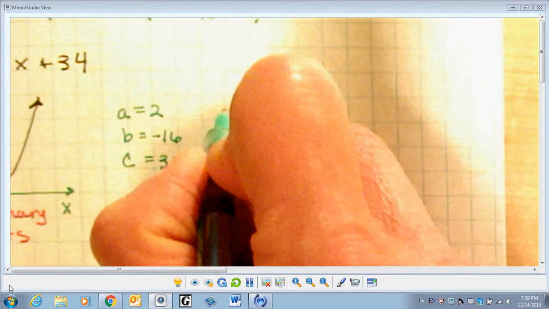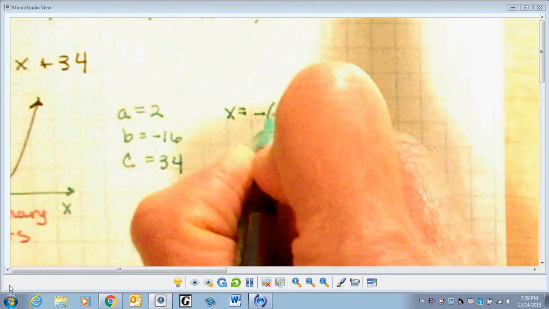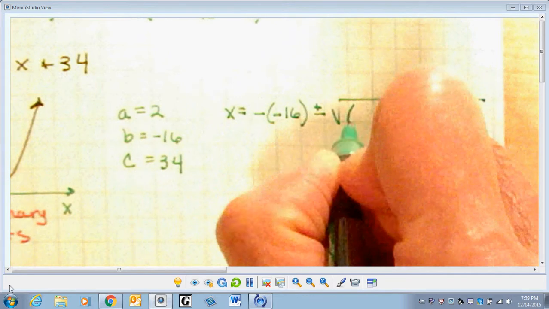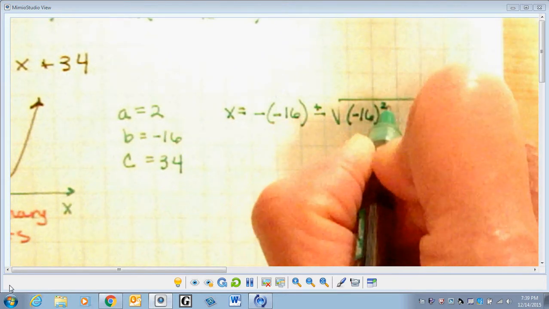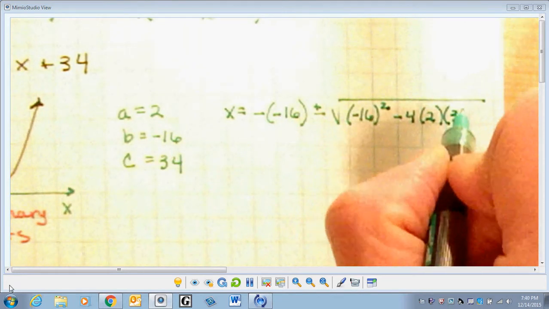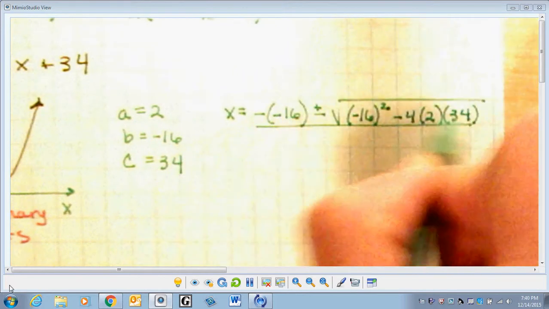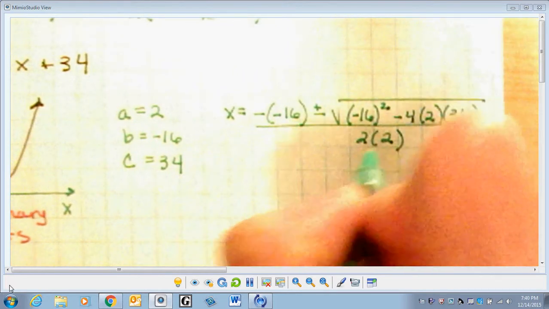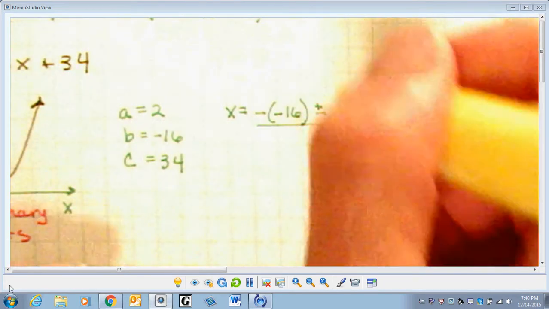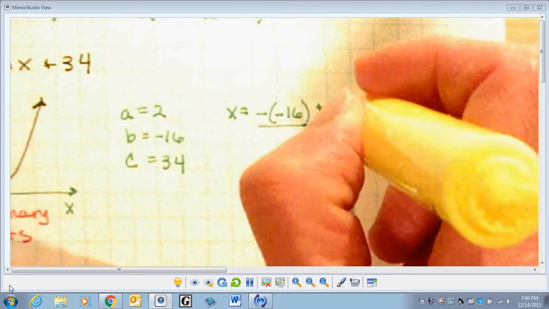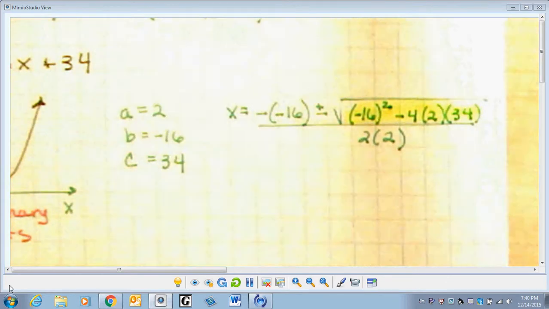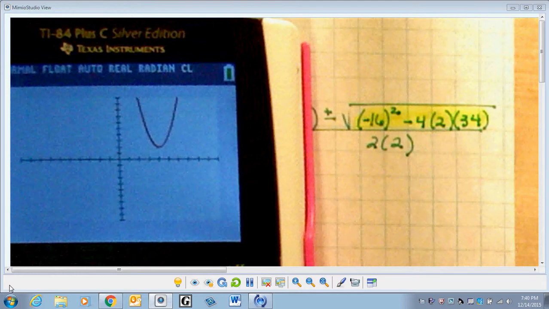So I have x is equal to -b plus or minus the square root of -16 all squared minus 4 times 2 times c all over 2 times a. Okay, so again, I'm just going to look at the discriminant, and the discriminant is what's underneath that radical.